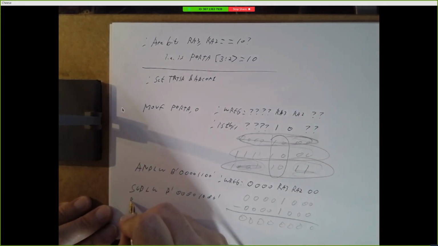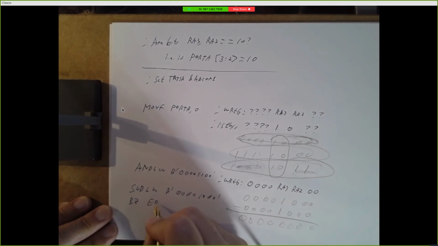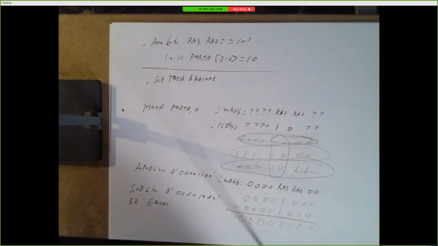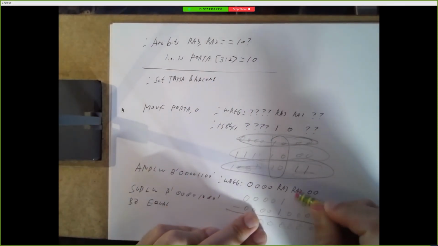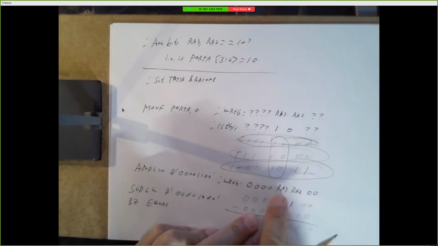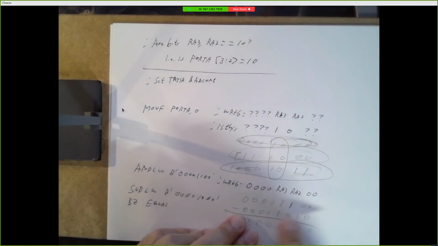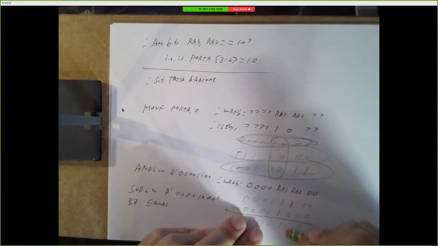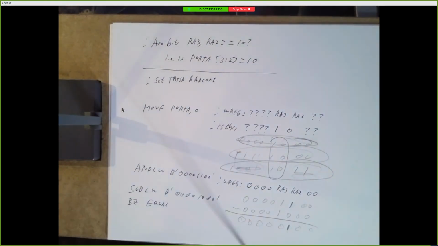And so I can say branch if the result was 0 to whatever section of code I want to jump to when I discover that my input was 1, 0. But if my W-reg was something like this, in other words, if RA3 was 1 and RA2 was 1, and I subtract this pattern, I'm going to end up with this, which is not 0.